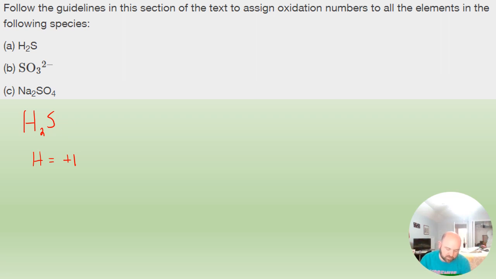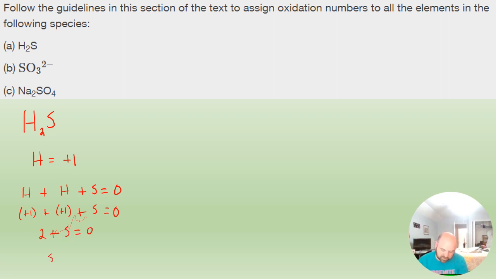Since the charge on this molecule is neutral, or 0, then it should be H plus H plus S equals 0. We already know that each of the hydrogens is +1, so +1 plus +1 plus whatever the oxidation number on S is should equal 0. +1 plus +1 is of course +2, so 2 plus S is equal to 0.